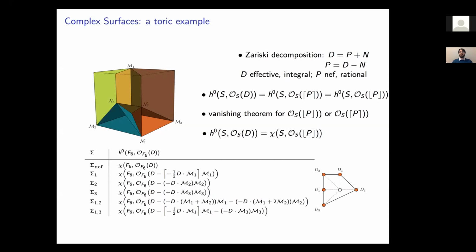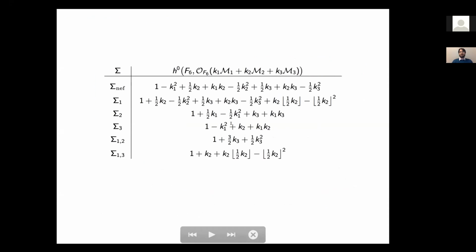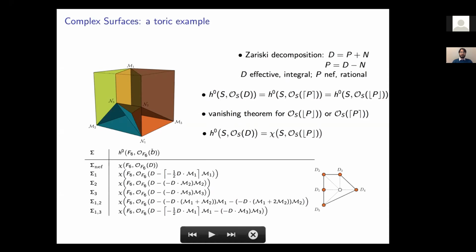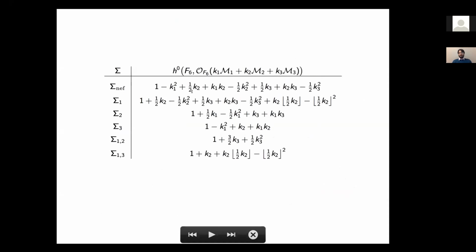For instance, if you write D in terms of the Mori cone generators with coefficients k1, k2, and k3, then you can write the Euler characteristics explicitly in terms of these k's. So this is a formula that tells you instantly what the zeroth cohomology is.